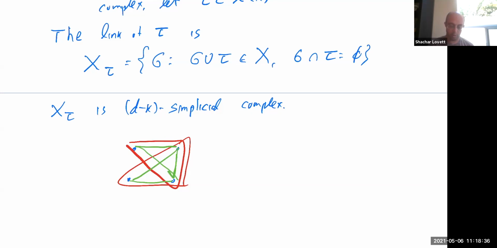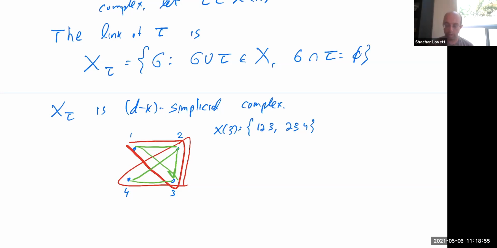So just to write it, if I give them names, 1, 2, 3, 4. X_3 has two sets of size 3. We're going to write 1,2,3 and 2,3,4.